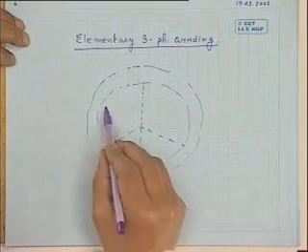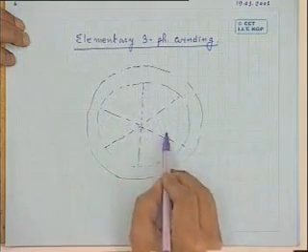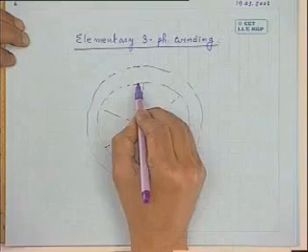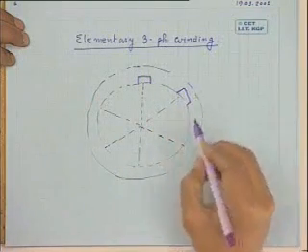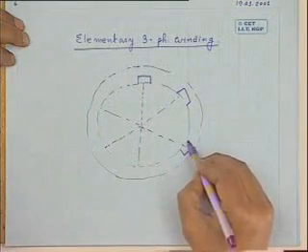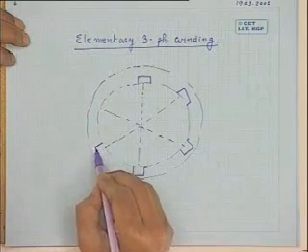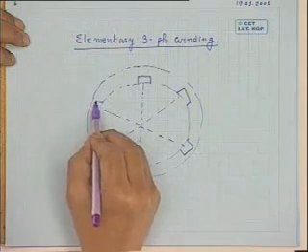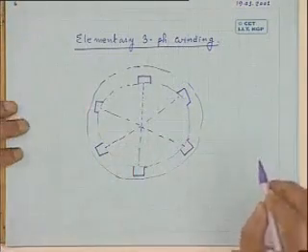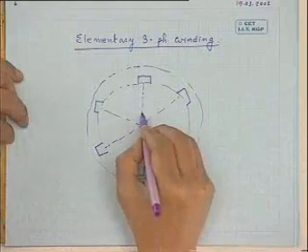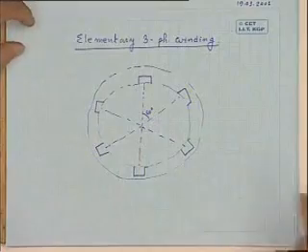This is 120 degrees. So each angle is 60 degrees, and here is one slot on the stator. Here is another slot. Here is another slot. Here is another slot. So there are 6 slots. Each angle is 60 degrees.